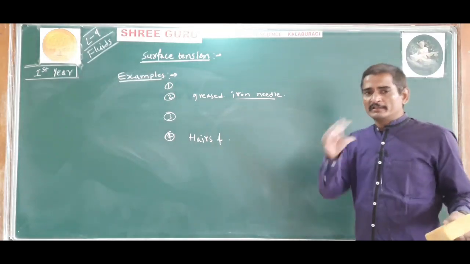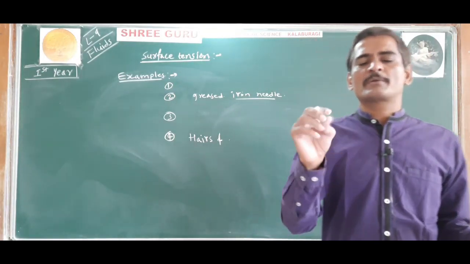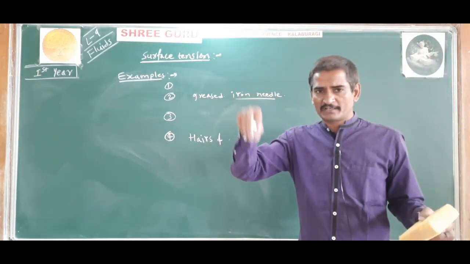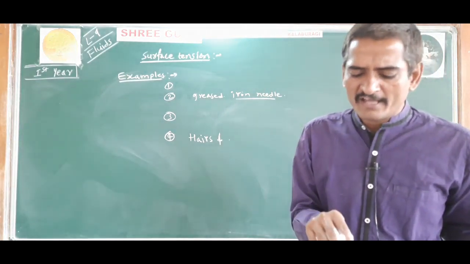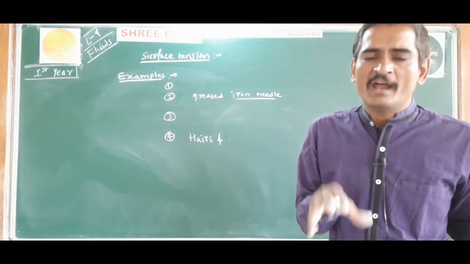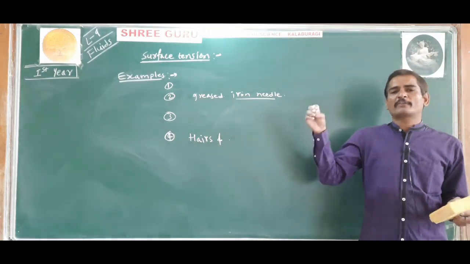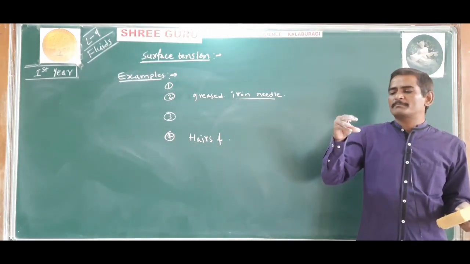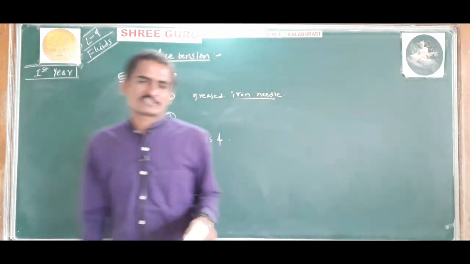If you take a shaving brush or painting brush and immerse it inside the water, the hairs of the brush will spread. And when you take the brush away from the water into the air, the hairs of the brush will stick together. So this is due to the surface tension.